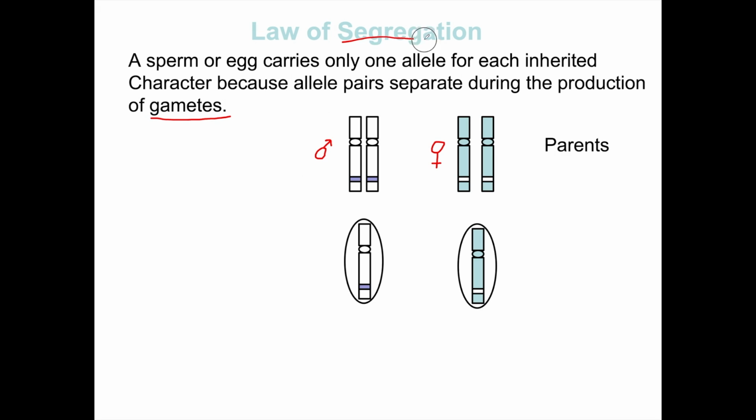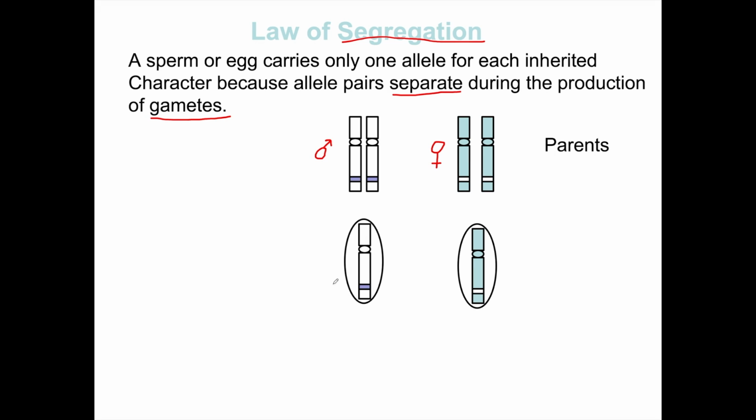Basically, segregation is synonymous with separation. So all it's saying is that when egg or sperm is produced, the homologous chromosomes that were in the parent cells are separated during sperm or egg production.